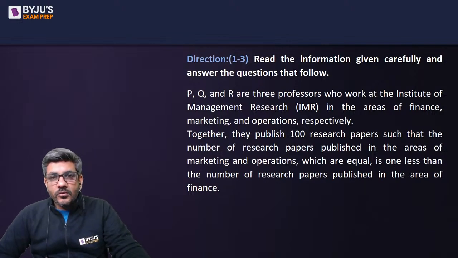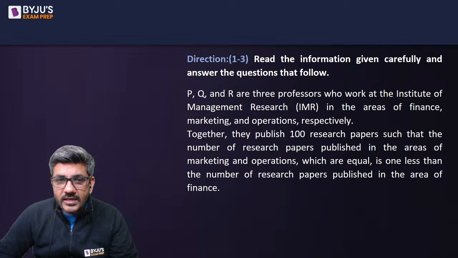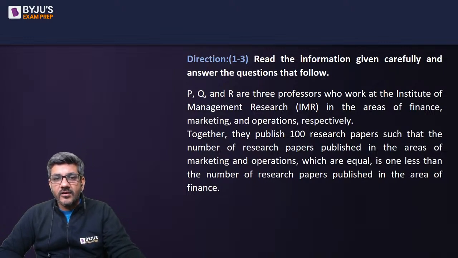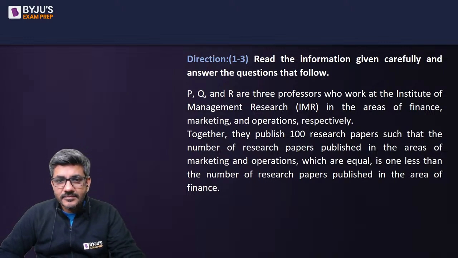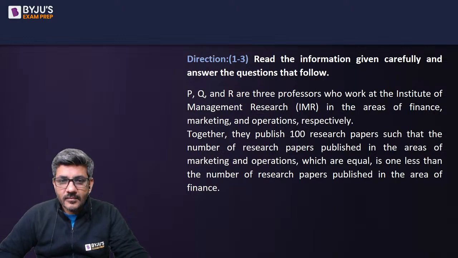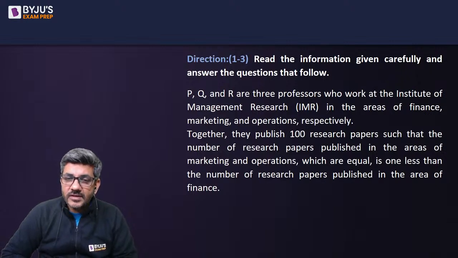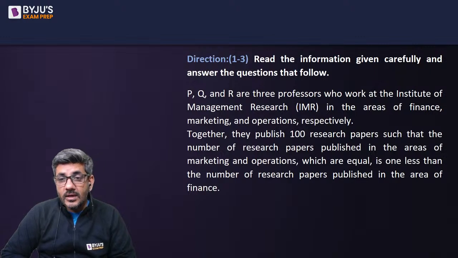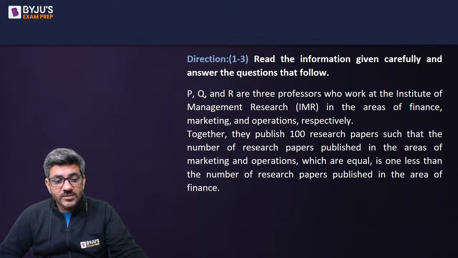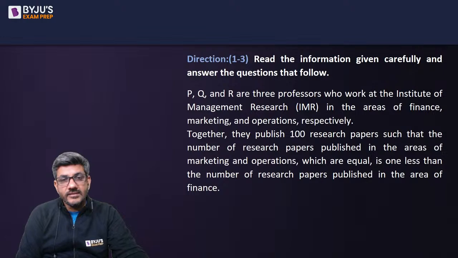It says P, Q, R are three professors who work at the Institute of Management Research in the area of finance, marketing, and operations. Together, they publish 100 research papers such that the number of research papers published in the area of marketing and operations are equal, and it is one less than the number of research papers published in the area of finance.